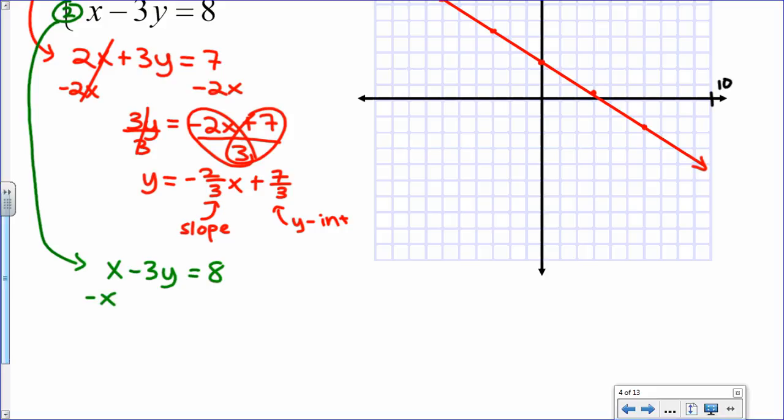Okay, subtract dx. Good. Okay, so I'm going to write that as negative x plus 8. And Austin. Okay, divide everything by negative 3.